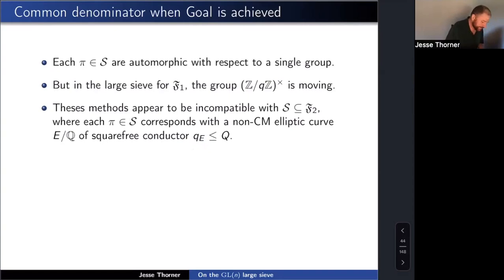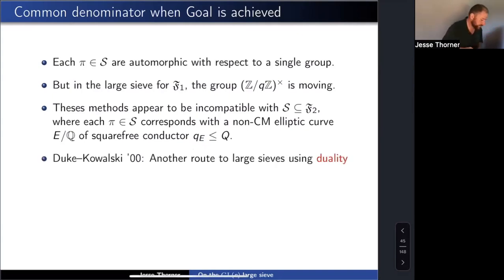And so we have several different groups that we're considering within this family, and trace formula methods do not seem to be able to handle this particular family. And there are other sorts of families that one might want to consider where the group of automorphy is moving.